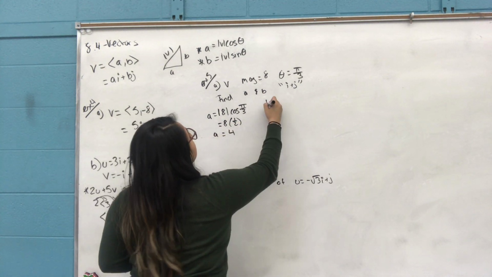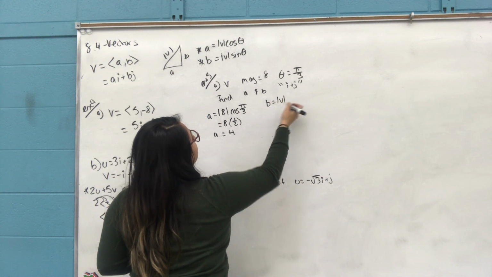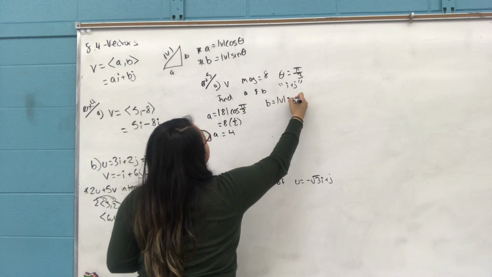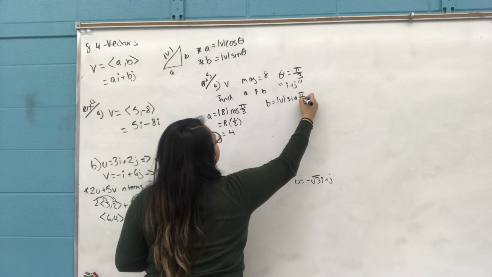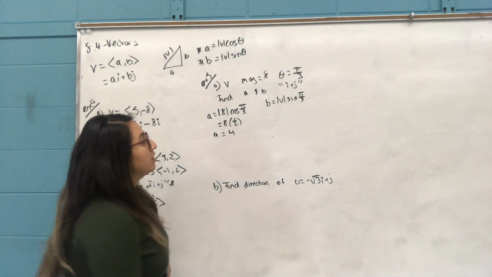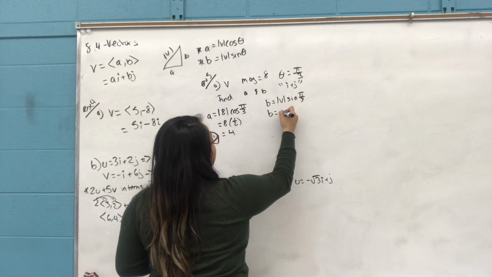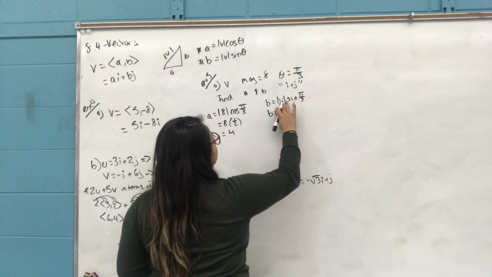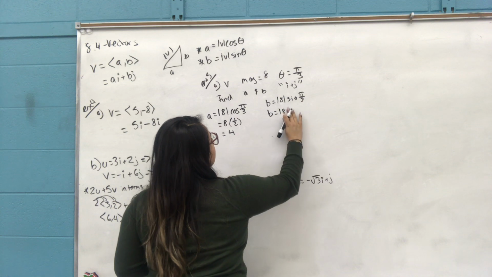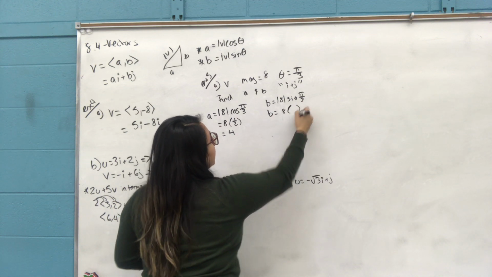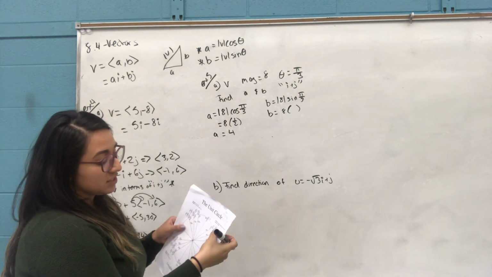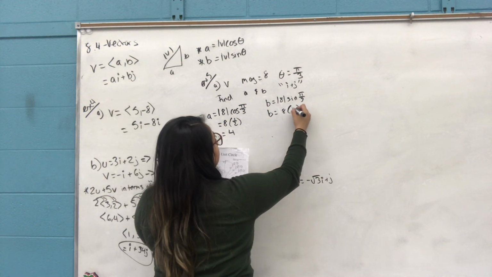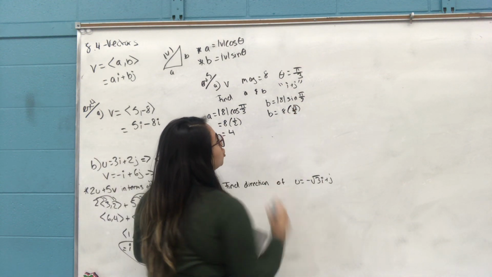Let's do b. b is equal to the absolute value, or the magnitude, times the sine of the argument, which is pi over 3. We go ahead and multiply it up. Our magnitude is 8. Sine of pi over 3 is considered radical 3 over 2.